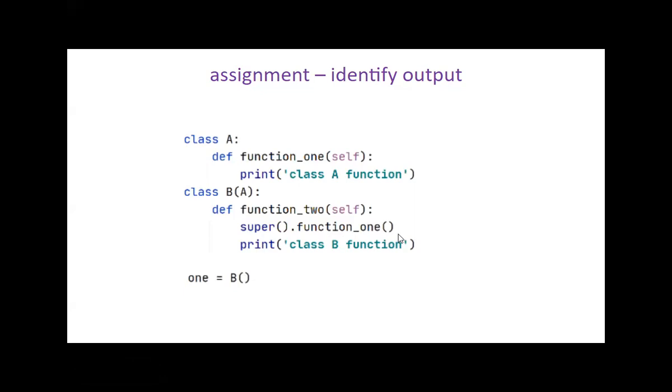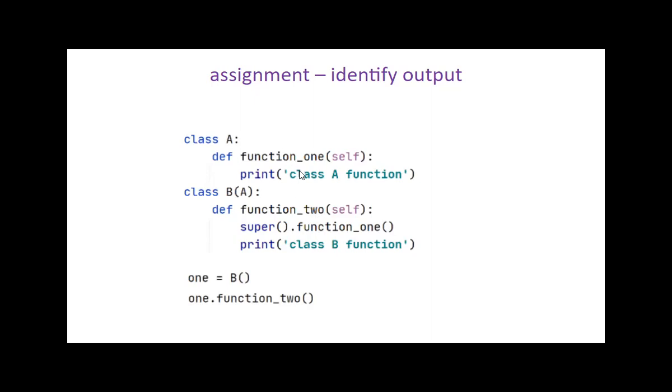So using super, what we can do? One dot function two. Now tell me what will be the output of this code. First of all, function two will be called. Now inside this function two, I'm writing super dot function one. So what I'm doing here is calling the immediate parent function. Does it have function one?